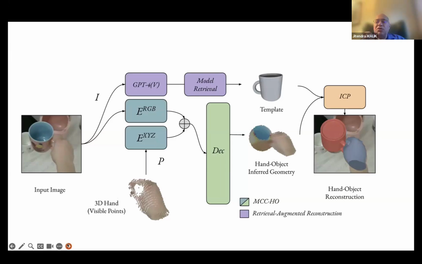What we first do is reconstruct the hand, and the hand is represented as a point cloud. And then you try to reconstruct the cup in the context of the hand. So the hand defines a scale, right? Because my thumb and finger have a certain distance between them, and that gives you an idea of the scale of the cup. And so here the prediction is that of a point cloud, and then with that one can actually retrieve.